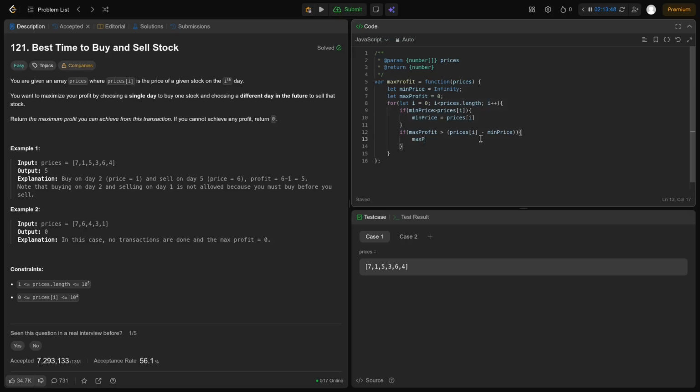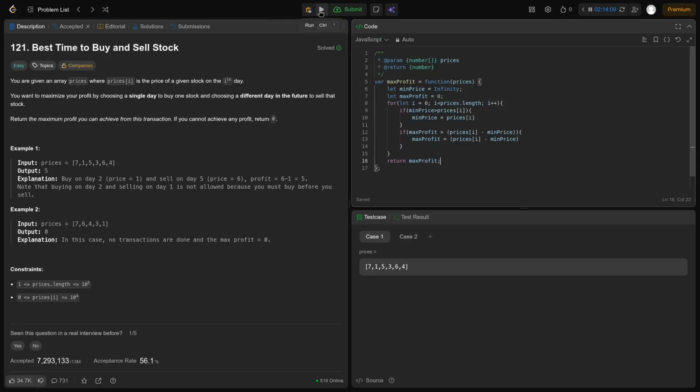Then we'll assign max profit this number, and at last we'll simply return the max profit.